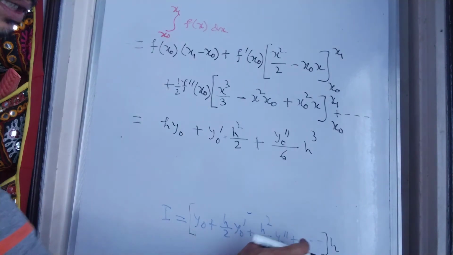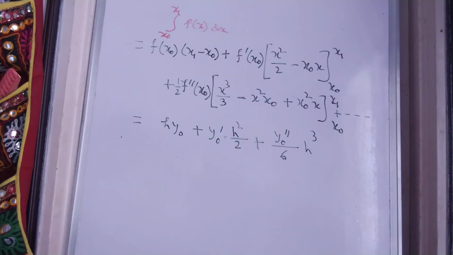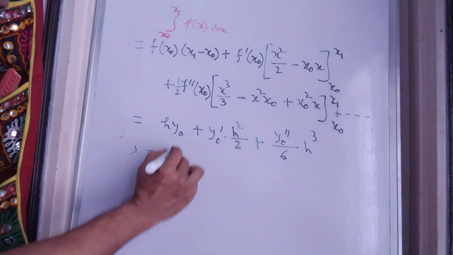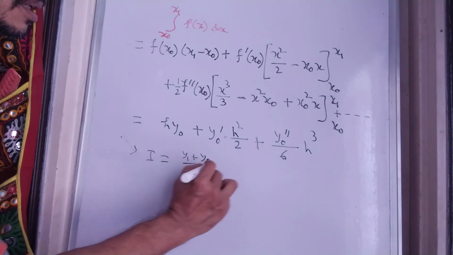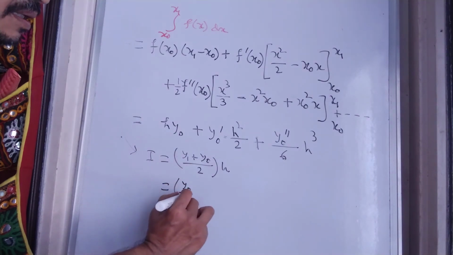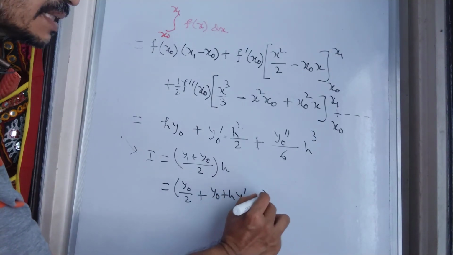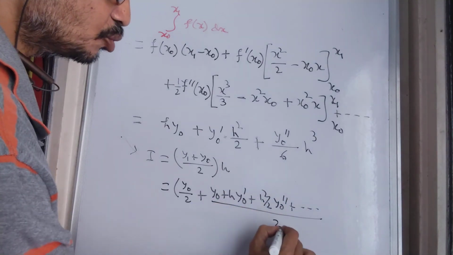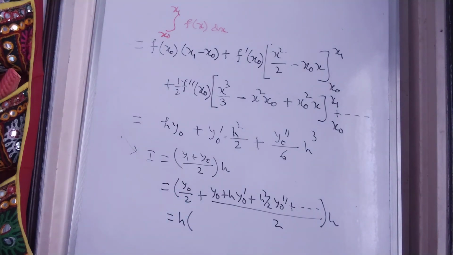Since this is y0 plus y1, you should remember, I am writing it again. We have here as the value of this integral I, when we use the trapezoidal rule, it is nothing but y1 plus y0 by 2 into h. And what is y1? y1 is nothing but y0 plus h y0 prime plus h square by factorial 2 y0 double prime and all that, divided by 2 into h. So it becomes h into what we have earlier calculated.